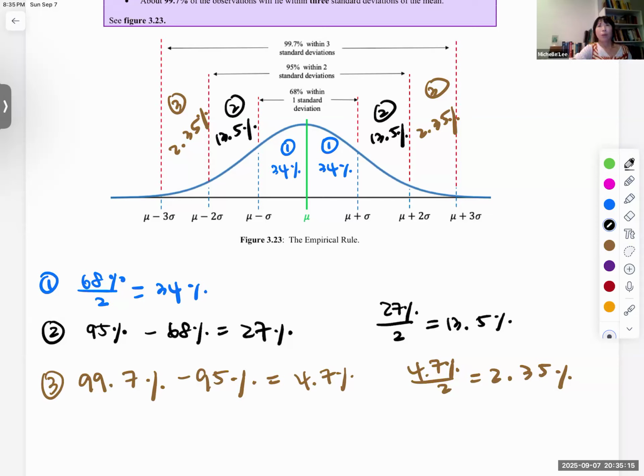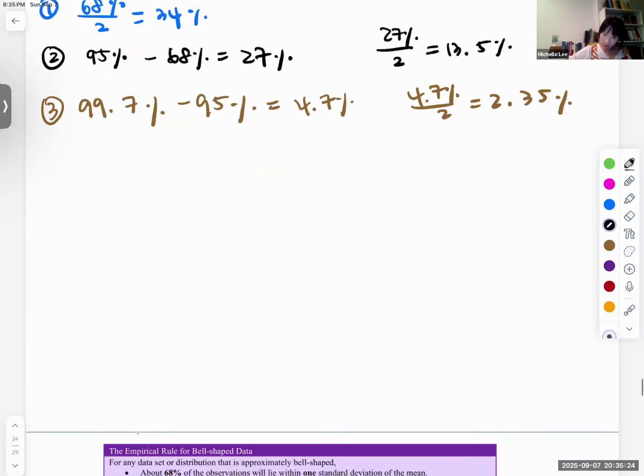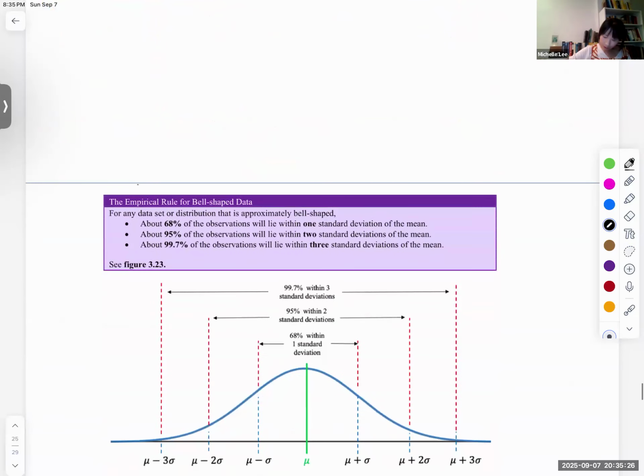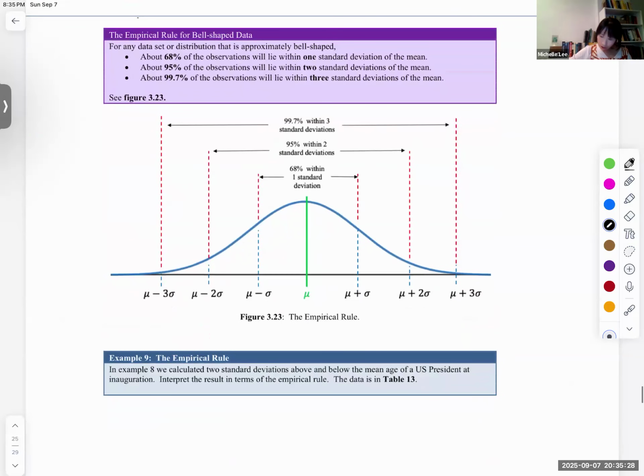Okay. Any question? All right, then let's do an example here. We calculated the 2 standard deviations above and below the mean age of US presidents at inauguration.